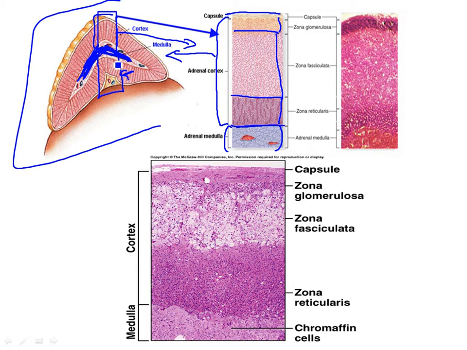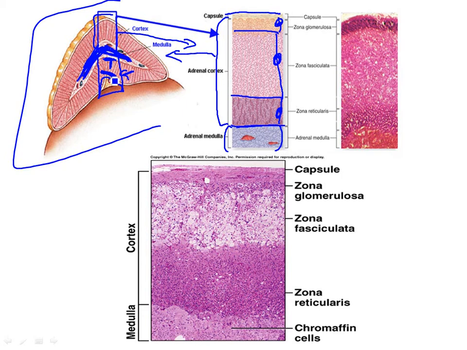But you would begin backwards, because if you start from the capsule and go in, you've got glomerulosa, fasciculata, and reticularis. So over here, looking at the lower portion, you're going to have reticularis, fasciculata, and glomerulosa. All right, so just to keep that image in your mind.